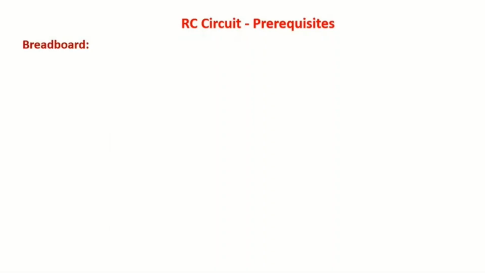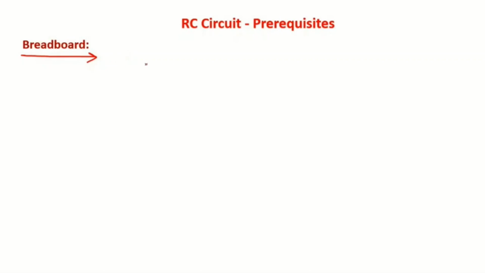Hello students, we are going to understand one more concept in the RC circuit experiment, that is the breadboard. Let's try to understand what a breadboard is and what it is used for. A breadboard is a platform where electrical or electronic components are placed in order to produce a circuit.